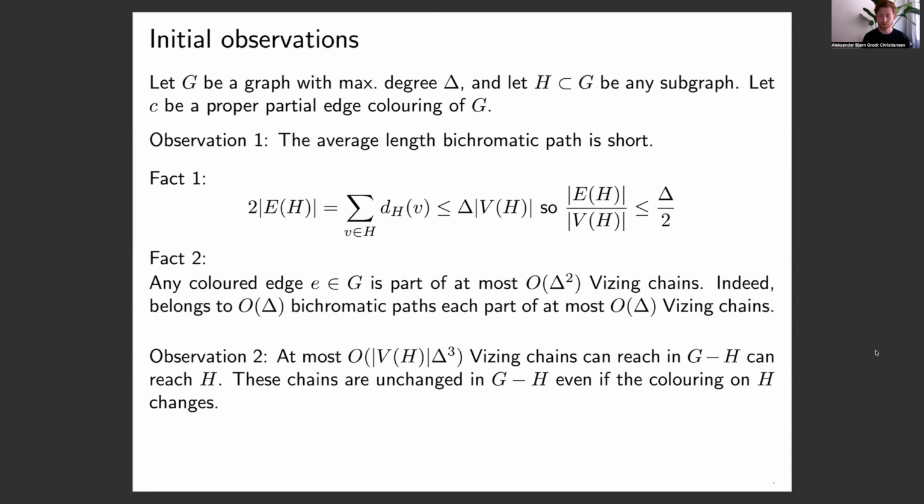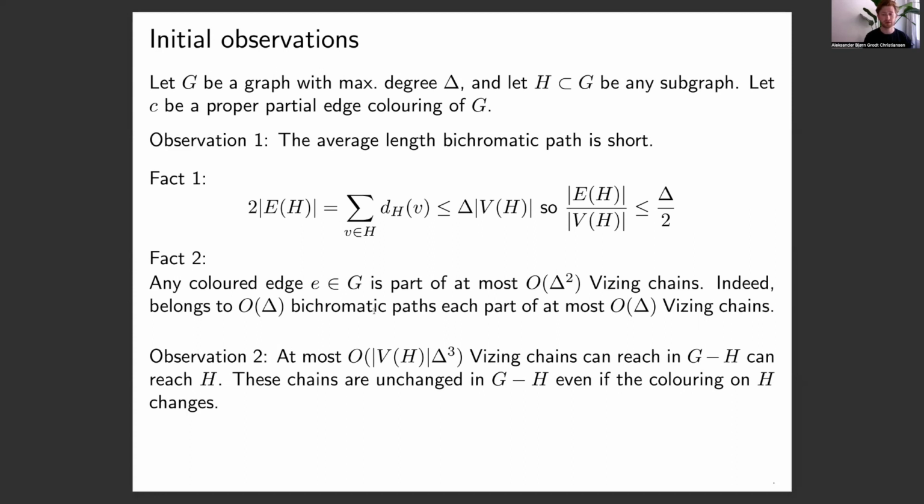The second observation is that if we look at some subgraph H and consider how many Vizing chains can actually reach H from G minus H, there are not too many of these. There are at most O(delta cubed) times the number of vertices in H, by the same fact. We look at every vertex in H, and it cannot be reached by too many Vizing chains.